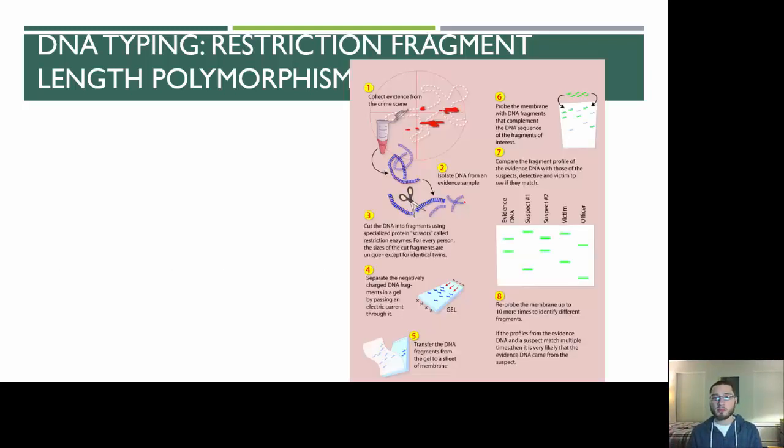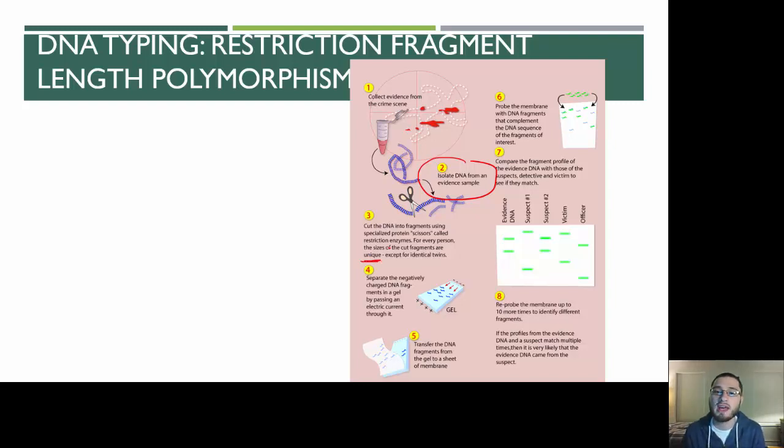This gives you an overview of what you're doing. You collect the evidence from the crime scene, then isolate your DNA from the evidence sample. Once you've done that, you cut the DNA into fragments using these restriction enzymes. For every person, the size of the cut fragments is going to be unique, so that is important.